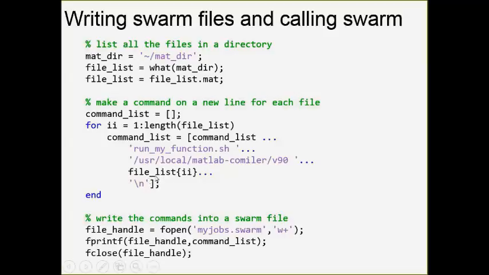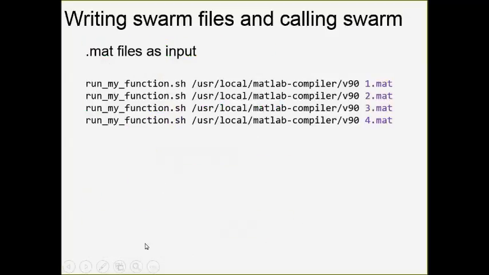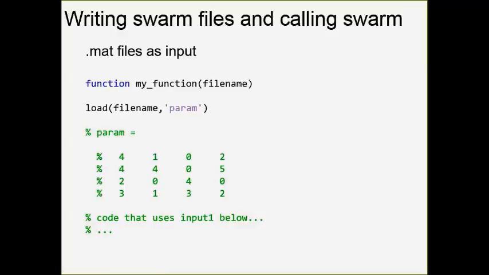Okay. And then finally, I'm just going to open a swarm file, write the contents to it, and then close it. And after executing all this, I'm going to end up with a swarm file that looks like this. Or it could have absolute paths if I had modified the code.